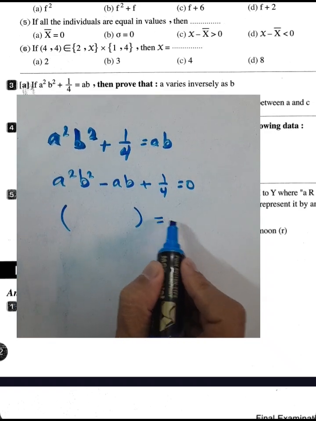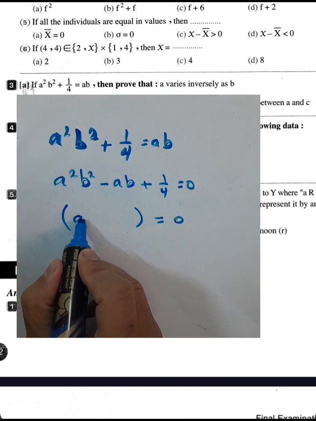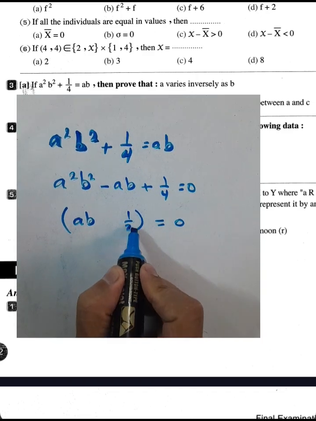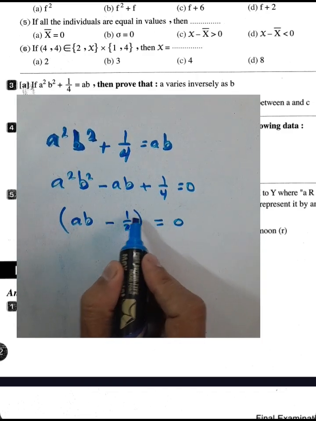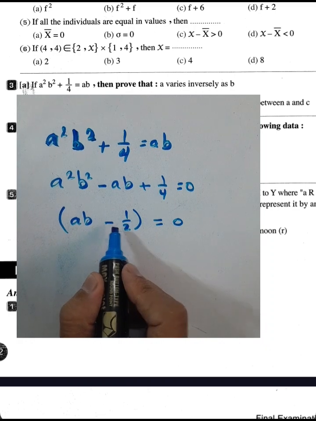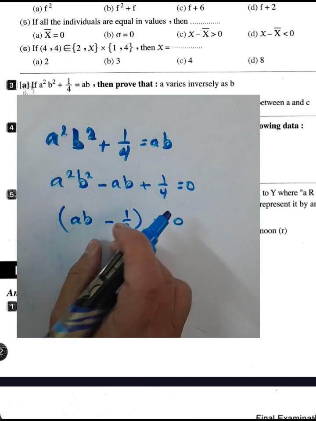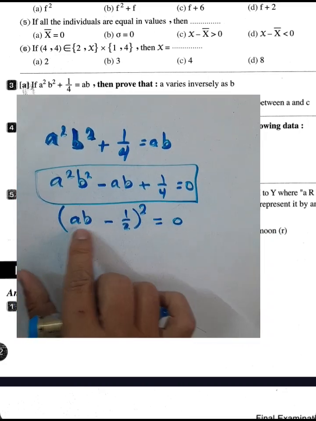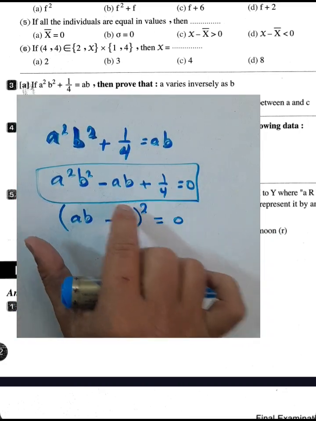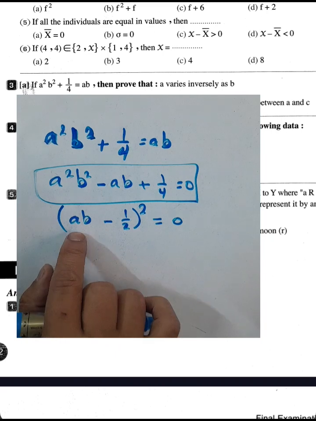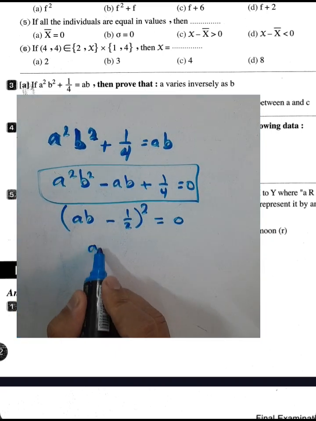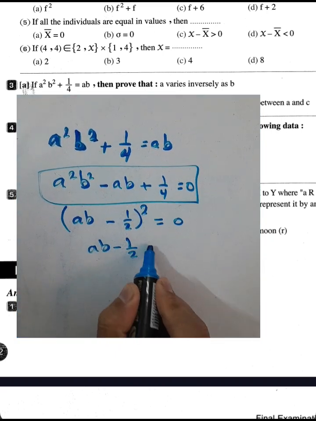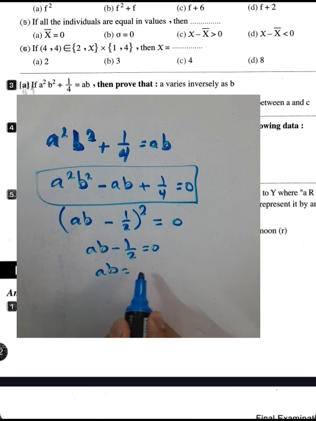Write the square root of the first, it will be ab, and the square root of the third, it will be half. Write the sign in the middle, subtract, ab minus half all power 2, because the first power 2, the second power 2, and the middle is 2 times half times ab. Then we can write ab minus half equals 0, then ab equals half.